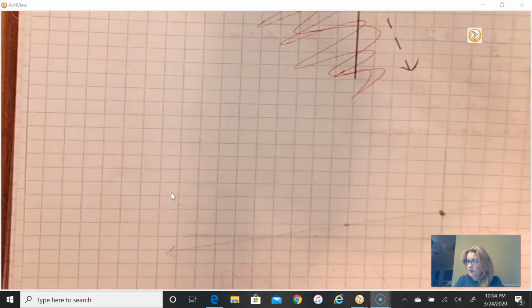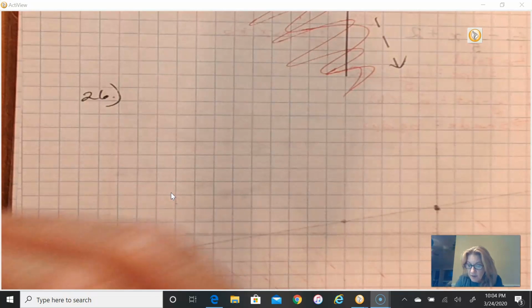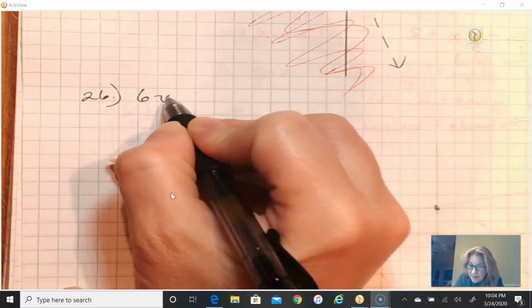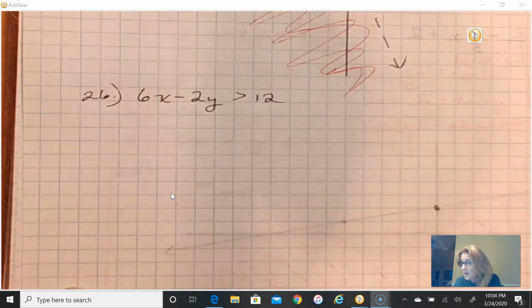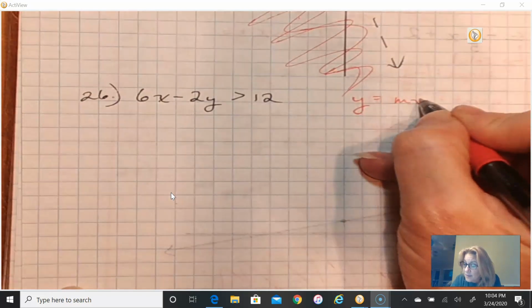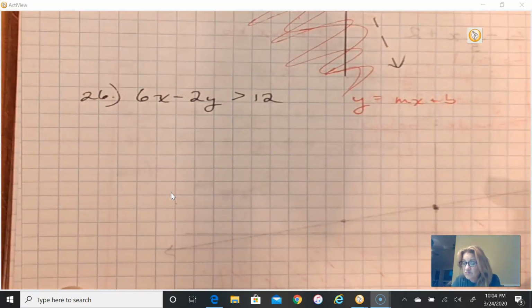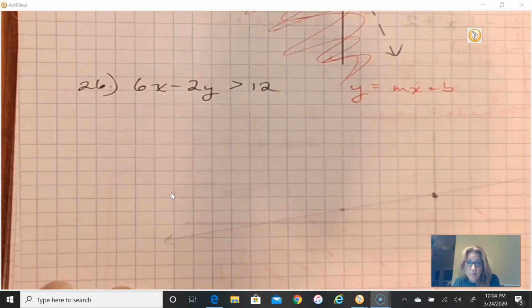All right. Number 26. This one's going to be a little weird. 6x minus 2y is greater than 12. Is that in y equals mx plus b format? No. So we need to change it into that format.